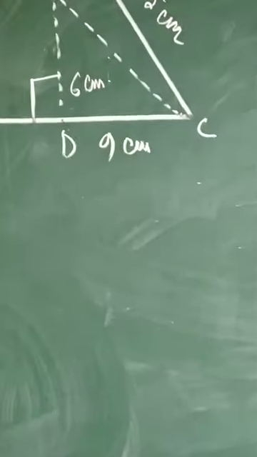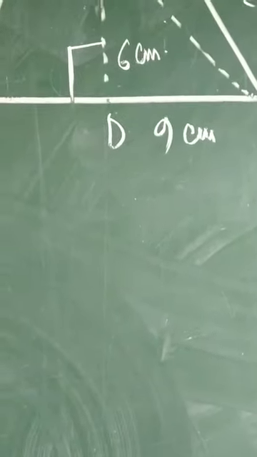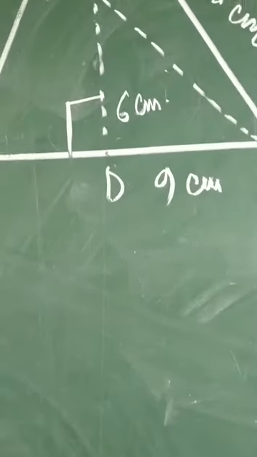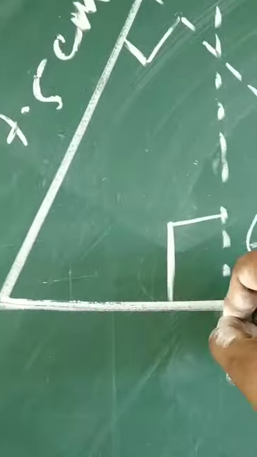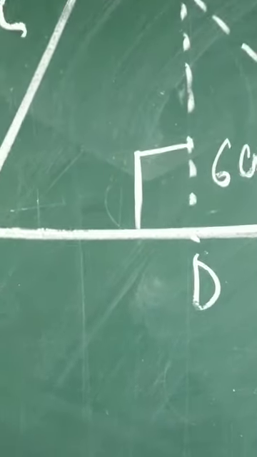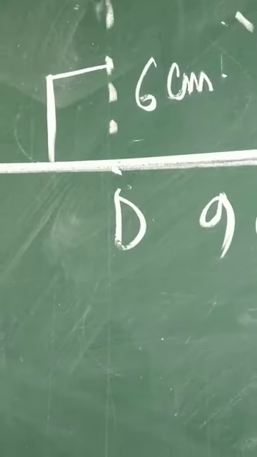Children, I am going to use the formula half into base into height. So here is the base and here is the height. Both the informations I have got, so naturally it's pretty easy for me to find the area of this triangle.